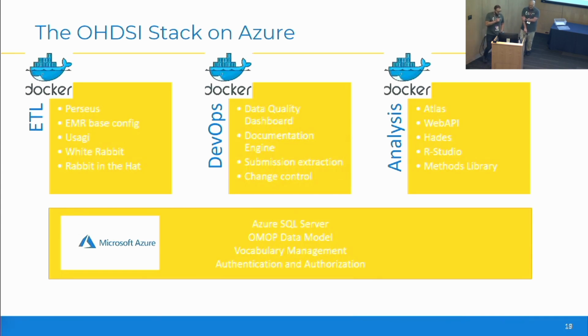And something that was a major part of our project was the ability to take the tools that the Odyssey community, which is the community that has developed and is maintaining the OMOP common data model, across the process of getting data from those disparate EHR systems into an analysis-ready data set. And that includes extracting the data from the different EHR systems, transforming it into the common data model, and then loading it into said model, along with determining the data quality after that's happened, and then finally being ready to analyze it.